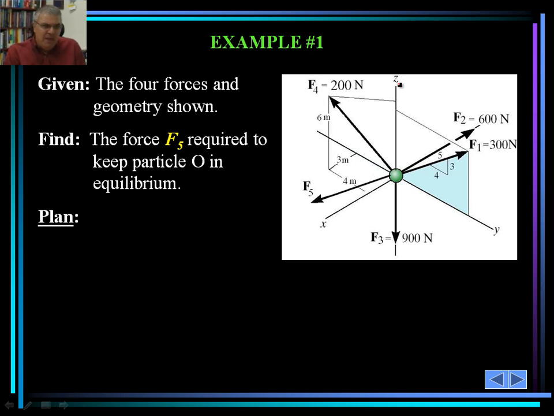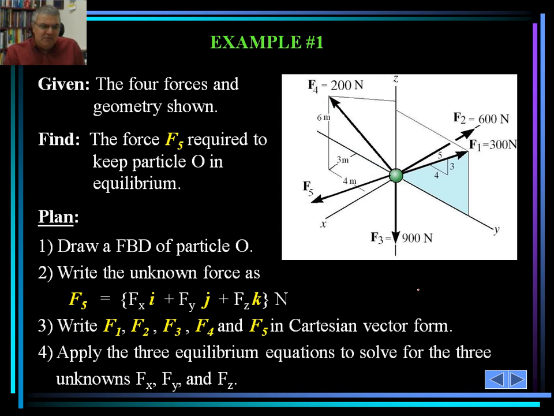The system may or may not be in equilibrium. We don't know about that. We would like to find a force F5 required to keep particle O in equilibrium. So what's the plan in this case? Think about it for a minute.